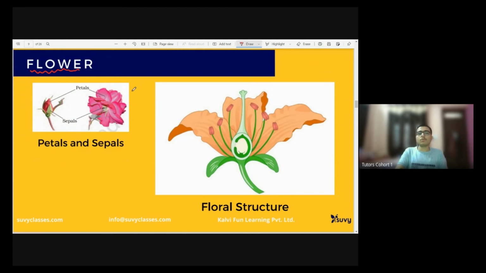You all might have seen a rose flower. It has very beautiful petals. Before we move to the structural part, I'm sorry, I should not take directly the structure. Firstly, let's discuss what a flower is.